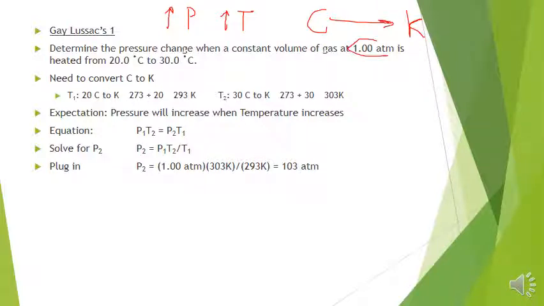Okay, so my initial, this is P1, this is T1, and this is T2. And I want to solve for P2. Before I can do anything, I have to make sure my temperatures are in Kelvin, so I add 273 to both of them.